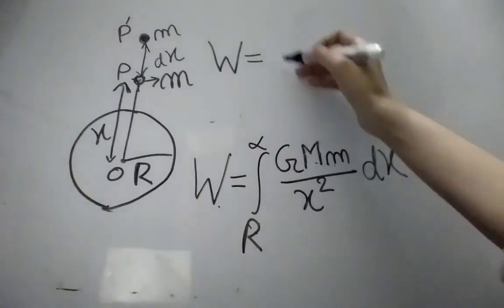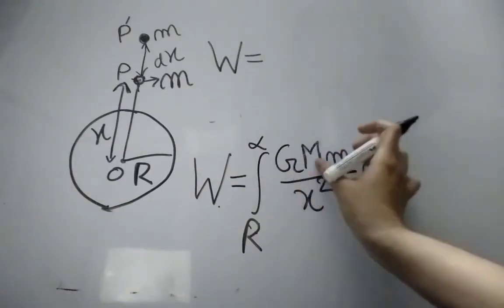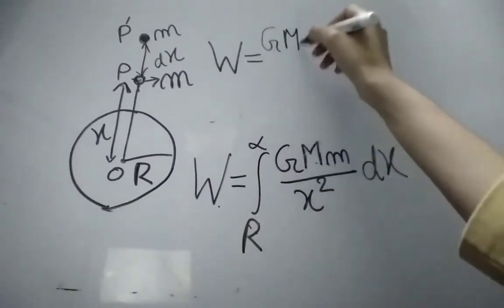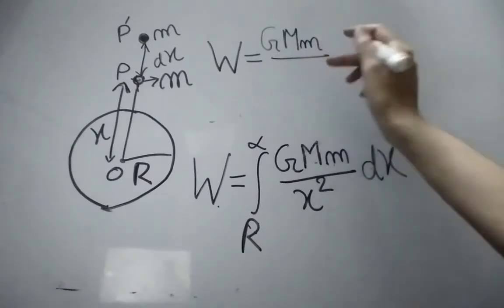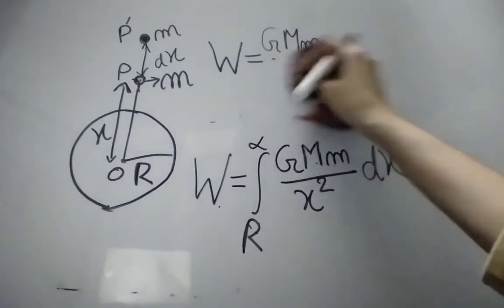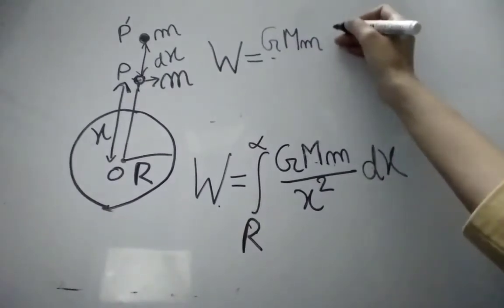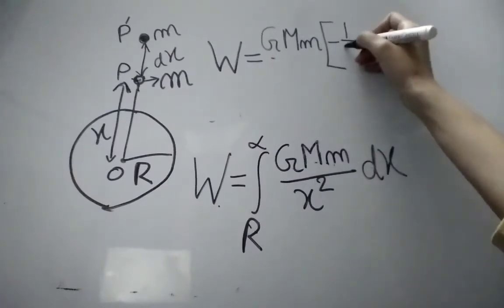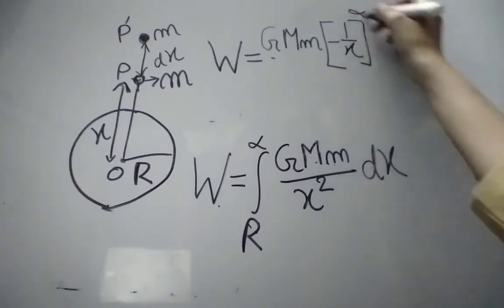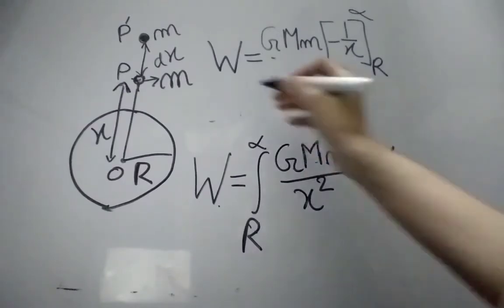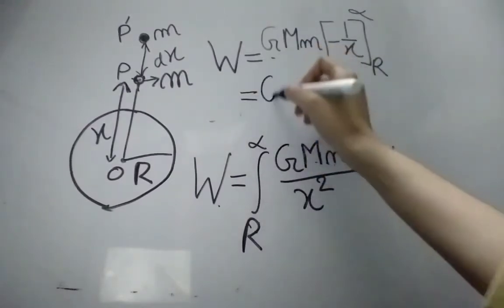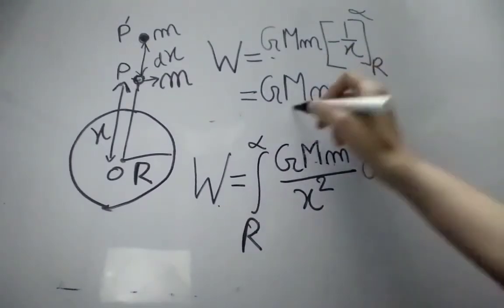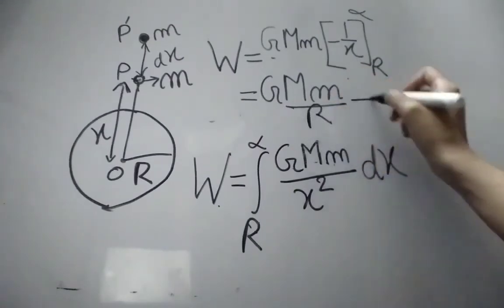If we solve this integration, GMm, all three are constant terms, so we will keep them outside, and we get 1 by x from infinity to R, and if we solve this, we will get GMm by R. This is equation 1.